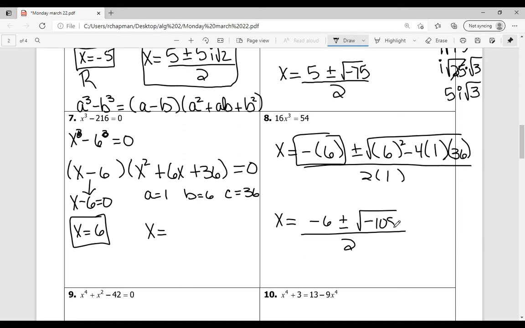Negative 108. Okay, so I get i square root of 108. What is a perfect square factor of 108?